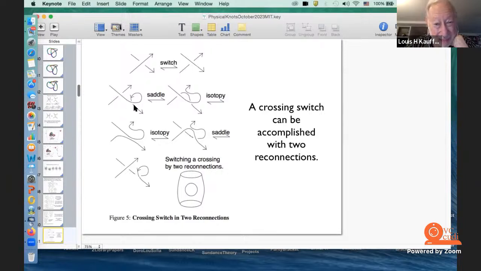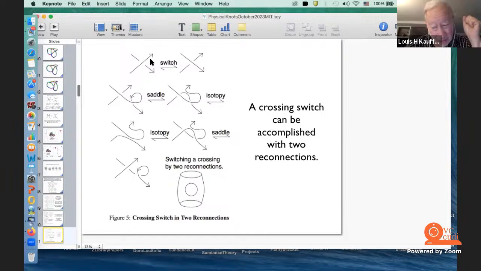You put a little twist in it, so you have an arrow going down this way. Now these 2 can reconnect. They do reconnect. Now you pull it out, you push it back over, you undergo another reconnection, and you get rid of that twist, and you're over here. So you see, by 2 reconnections, I switched the crossing.